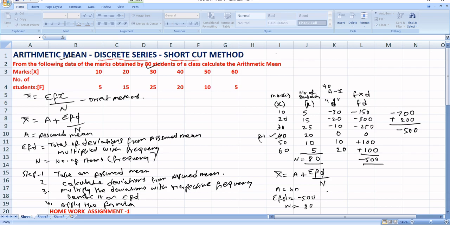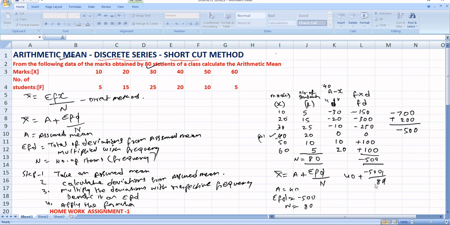So the mean is 40 plus minus 500 by 80. When you cancel the zeros, it remains minus 50 by 8.